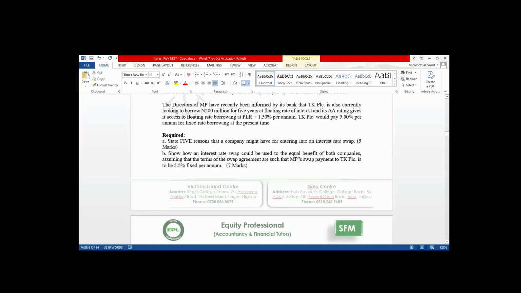Requirement B: show how an interest rate swap could be used to the equal benefit of both parties, assuming that the terms of the swap arrangement are such that MP's swap payment to TK is to be 5.5% per annum.